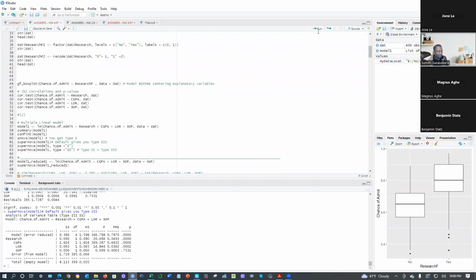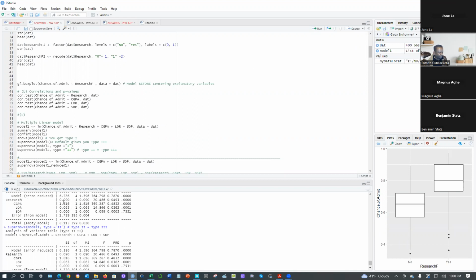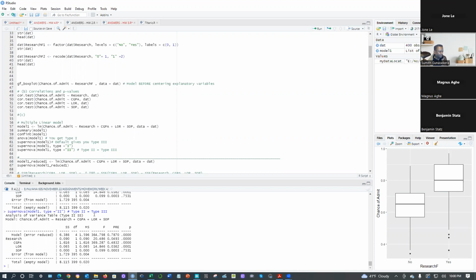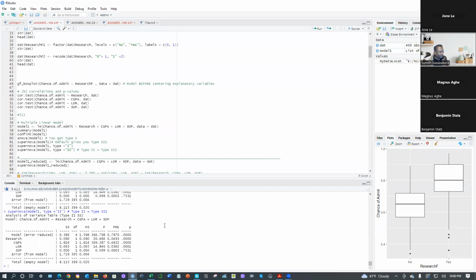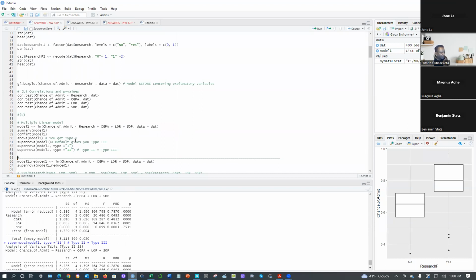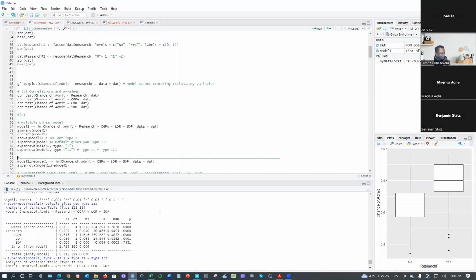And if you run type 2, type 2 has the same thing as type 3. 0.090, 0.090, 1.616, 0.065, 0.006. That's type 3. Where's type 2?